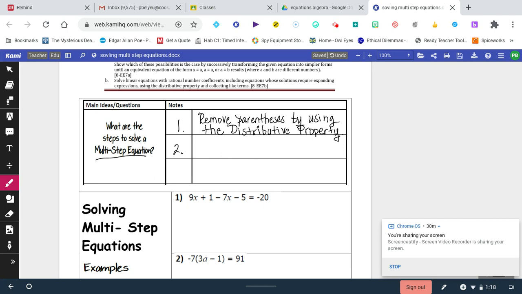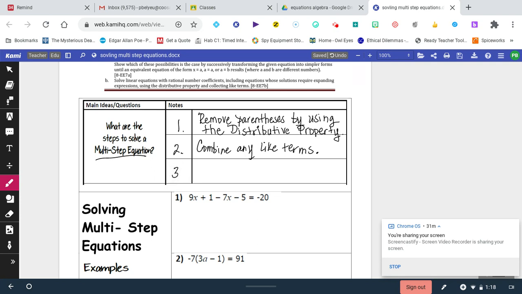All right, so after you remove parentheses by using the distributive property, the next step will be to combine any like terms. Now remember, to have like terms, they got to have the same variable and the same exponent, corresponding exponents, okay? You can't have like x and x squared. Those are not like terms just because you got an x and an x. You got x and x squared, so that won't work.